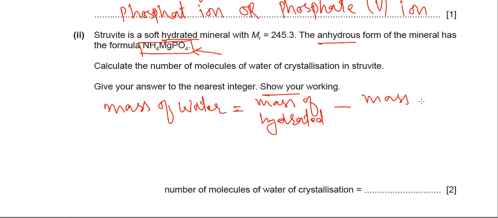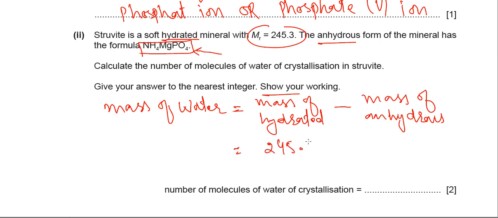This will give us the mass of water. We know the mass of the hydrated one is 245.3, and we have to find the mass of the anhydrous one. This is the task we have to figure out.